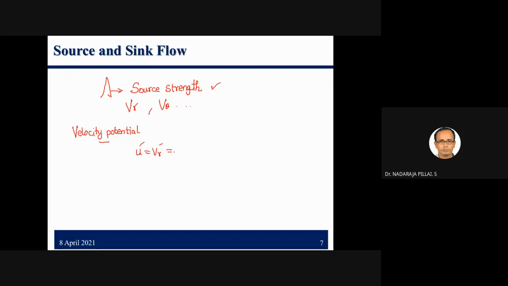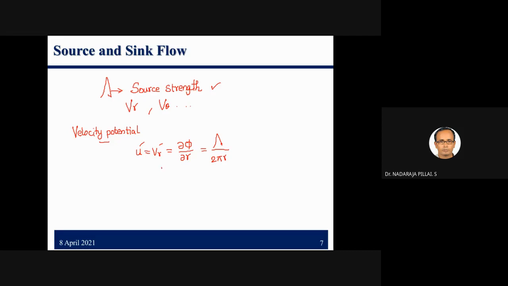Anyone? What is u? Do you remember? Normally we write dou phi by dou x; since it is in the polar coordinate system, we write dou phi by dou r, which is Vr, and we already know it is lambda, the source strength, by 2 pi r.